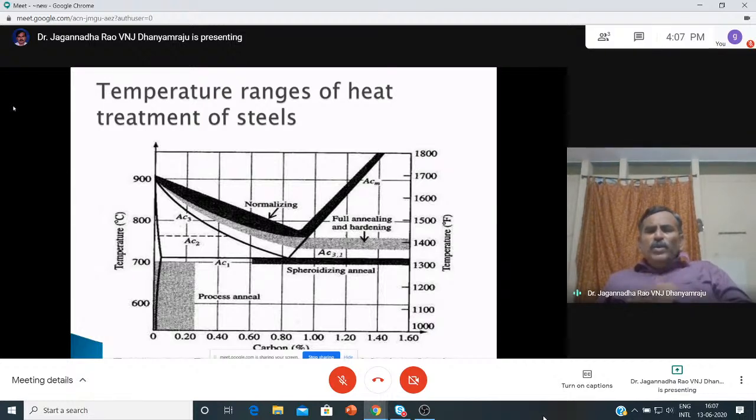So when you cool from this region, there is proeutectoid cementite and eutectoid pearlite. Because of this proeutectoid cementite, it is very brittle, it is harmful.